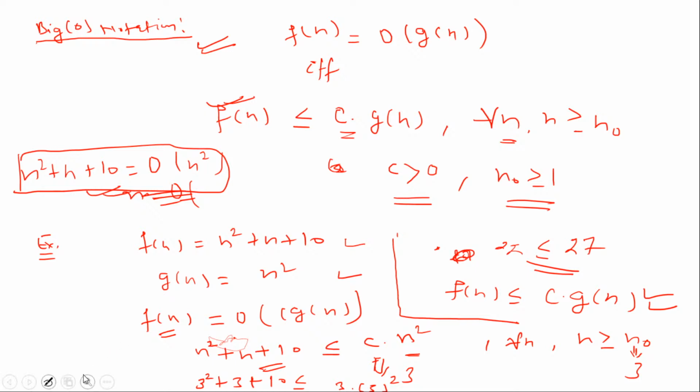Now we take another example of big O. The condition we mentioned here: f(n) less than or equal to c dot g(n), for all n greater than or equal to n naught, c greater than 0 and n naught greater than or equal to 1.